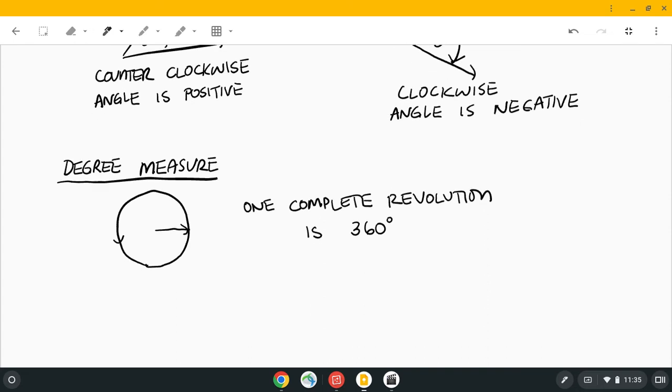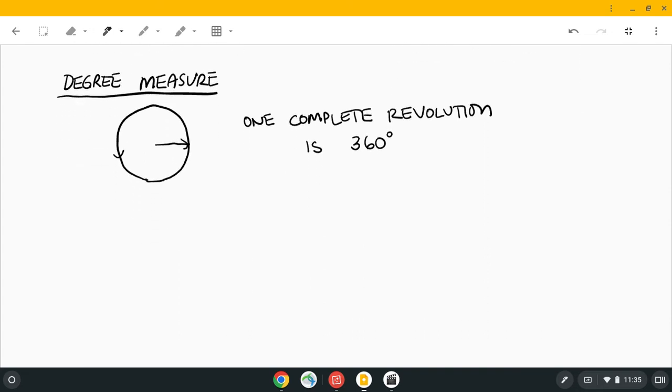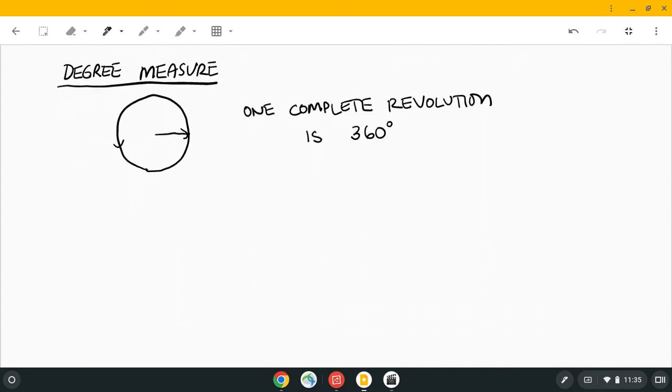All right, so if one complete revolution is 360 degrees, then we know going only halfway around is 180. Okay, so if we start here and then we go all the way around here, this here is 180.